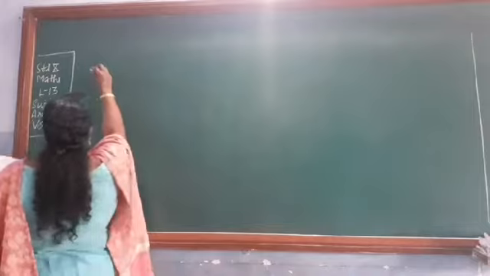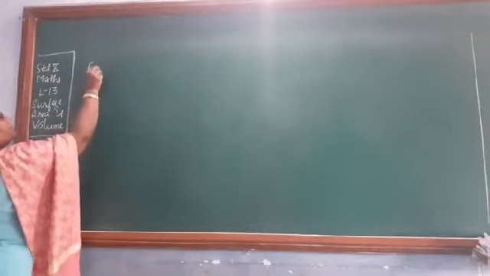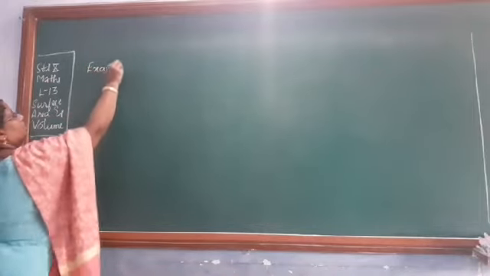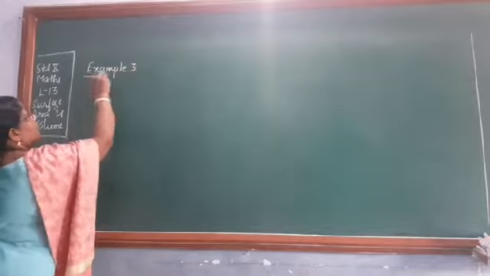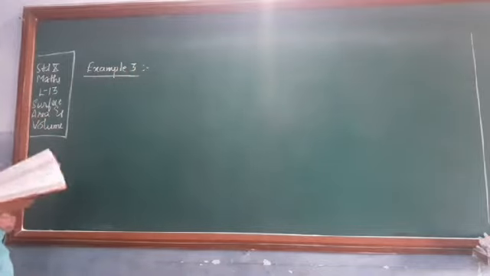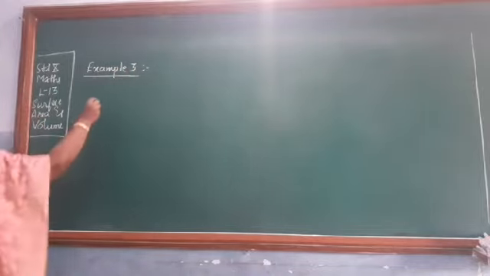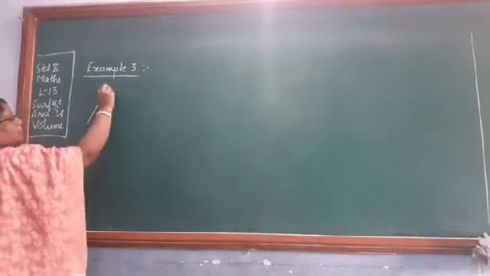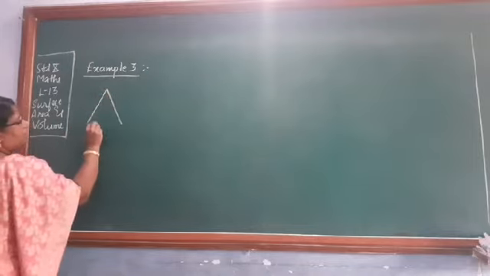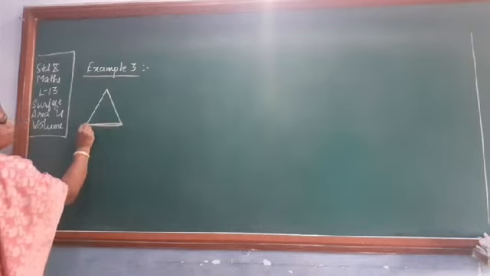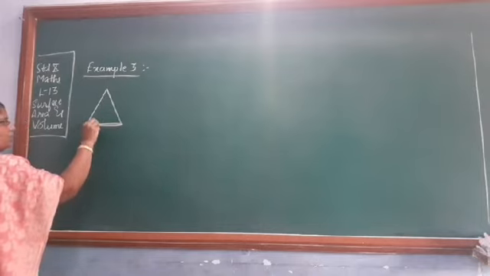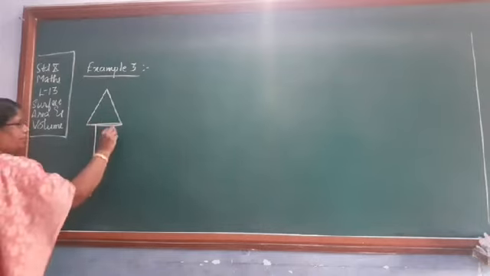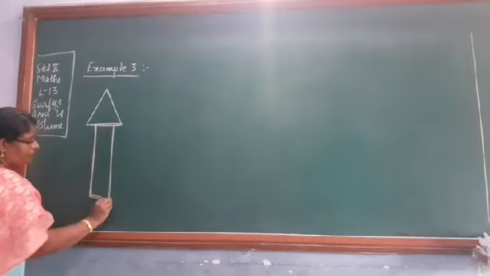So, first and foremost, let us draw the diagram. So, we have a conical, okay, this is your conical part of the toy. This is the cylindrical part of the toy.